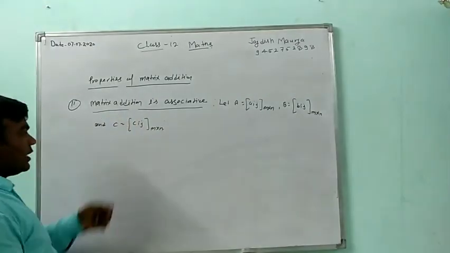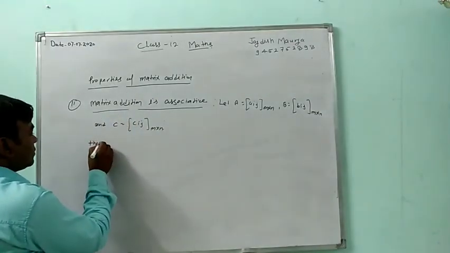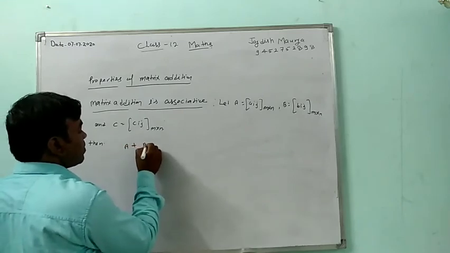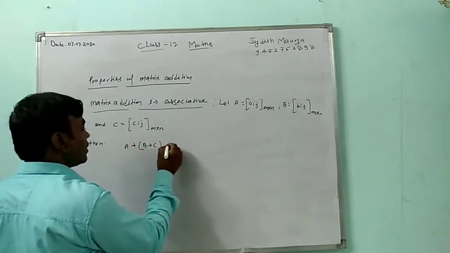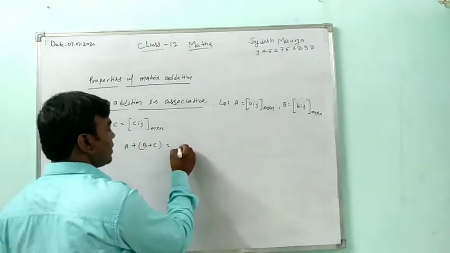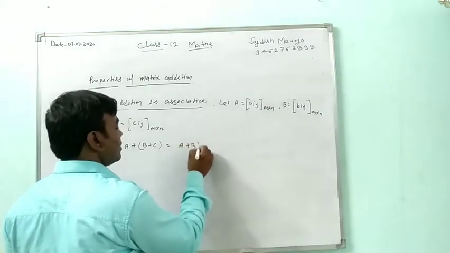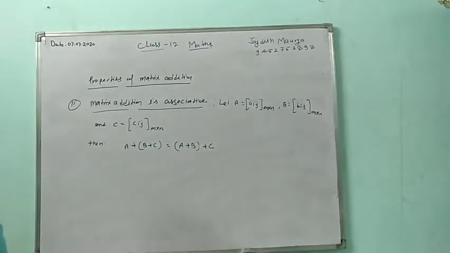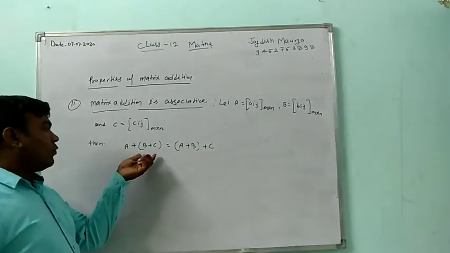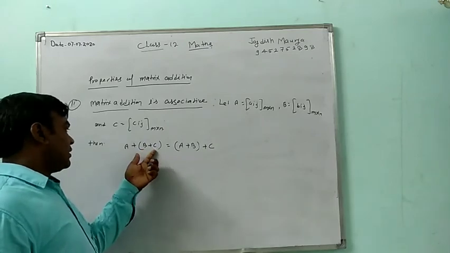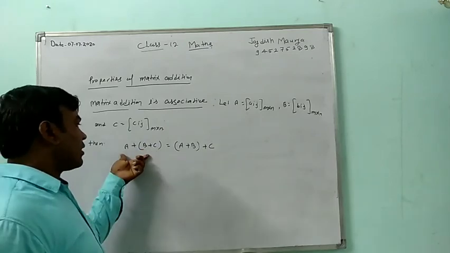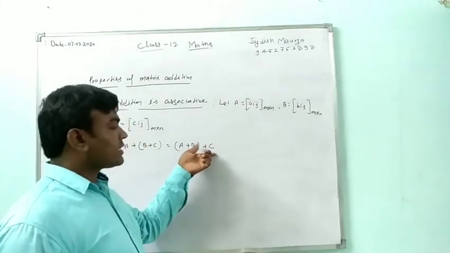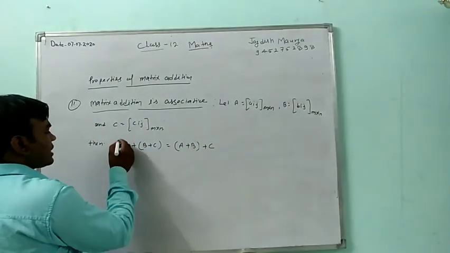Then A plus B plus C equal to A plus B plus C. Means either we can add first B and C, then we add A, or we can add A and B first, then add C. Both results are same result.